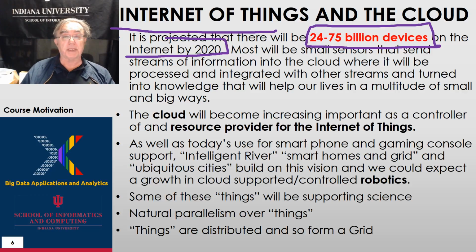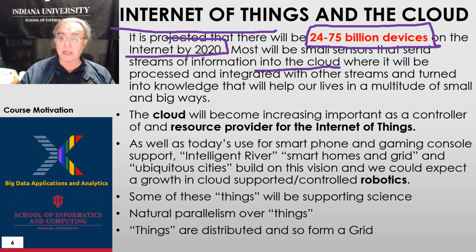Many of them will actually be in smartphones, because a typical smartphone has, I don't know, 10 to 12 sensors. Those sensors, which measure acceleration and cameras and GPS location, etc., stream information from the sensor into the cloud. And you see that every day you use your smartphone.